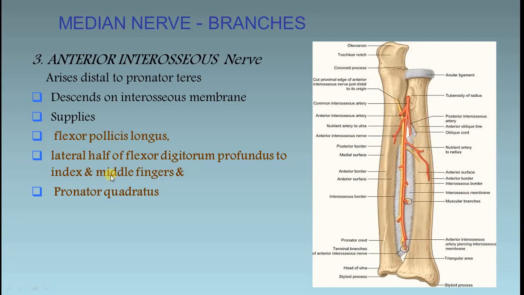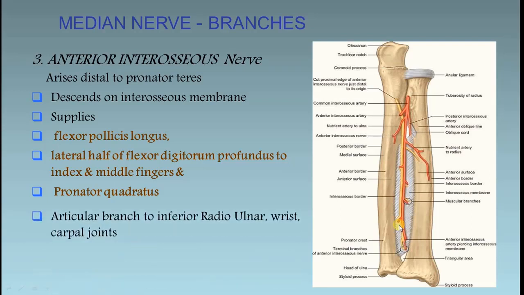Then it will supply flexor pollicis longus, a flexor of the thumb. Then it supplies a quadrilateral muscle present here, called the pronator quadratus. So the pronator quadratus, flexor pollicis longus, and the lateral half of the flexor digitorum profundus: the anterior interosseous nerve supplies the deep flexors.